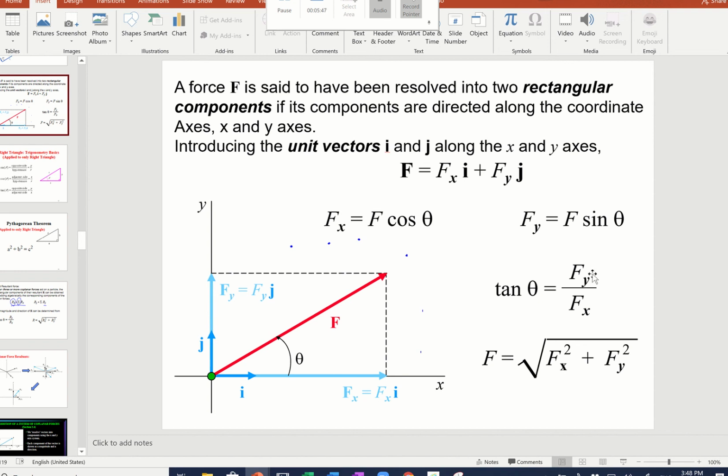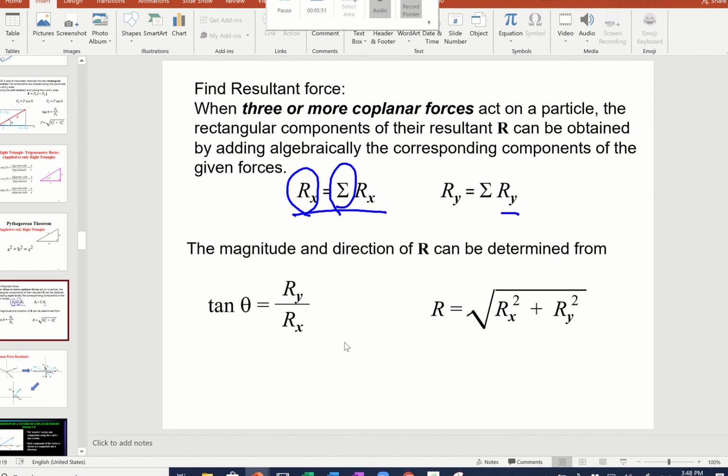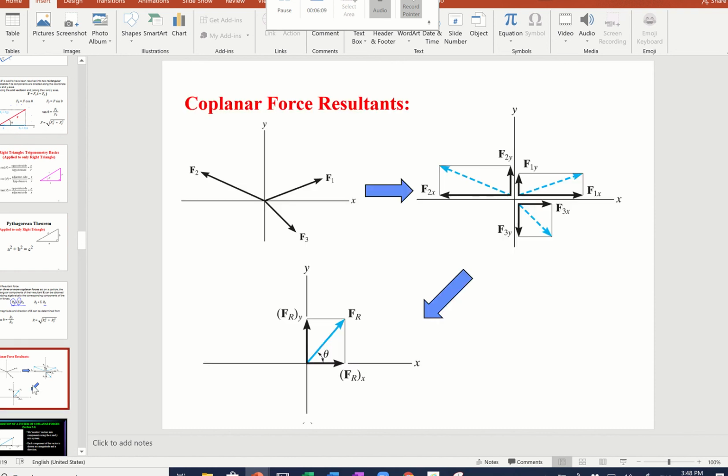So it's the summation of all the forces in y over the summation in x. That's how this equation comes about. So those two important equations give us a way to find the magnitude and a way to find the direction.